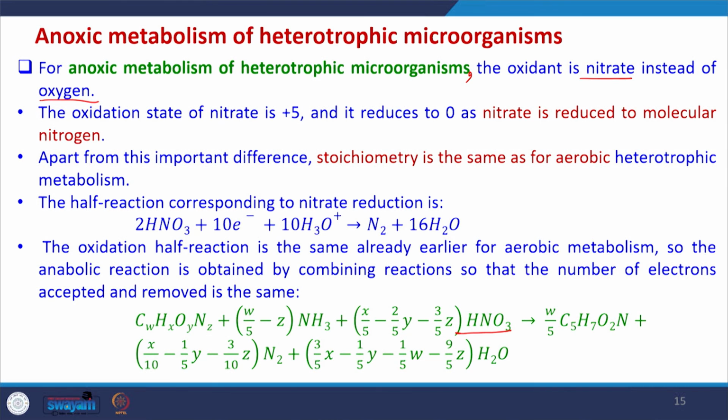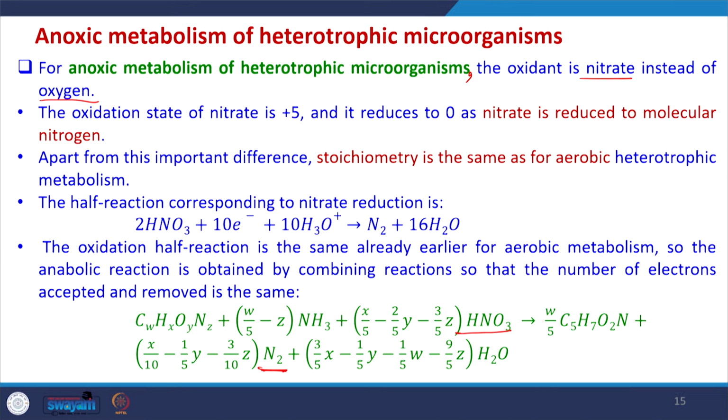Now, the oxidation state of nitrogen in nitrate is plus 5 and it reduces to 0 as nitrate is being reduced to molecular nitrogen. So, we can see that in this reaction, nitrogen will be getting formed. So, in the anabolism reaction, in place of oxygen we have HNO3, and HNO3 is getting reduced to N2.